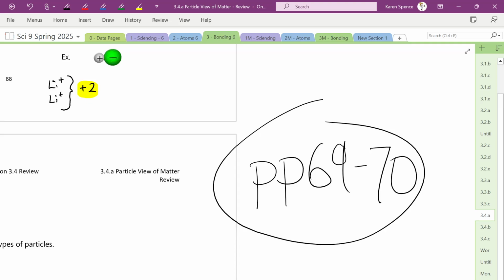An ion is one of the ones that has a charge.